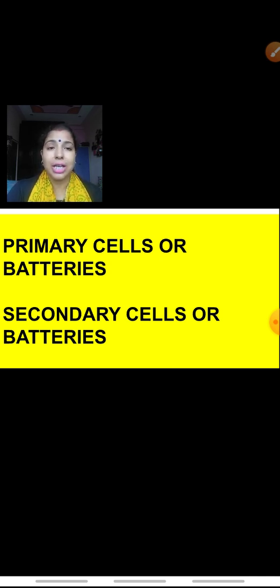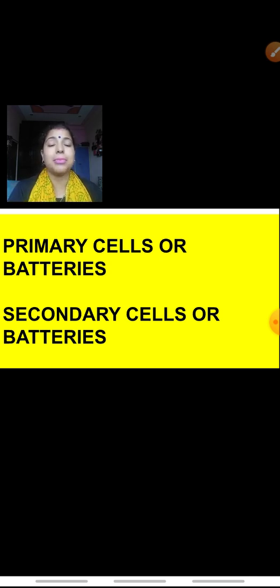When the battery is in discharge condition, the electrochemical reaction takes place, produces electrical energy, and when the battery is finished, then we apply an external source of energy, that is the electrical energy, to the cell, and it works as an electrolytic cell and the reaction takes place in the backward direction. So it can work as an electrochemical cell as well as an electrolytic cell.